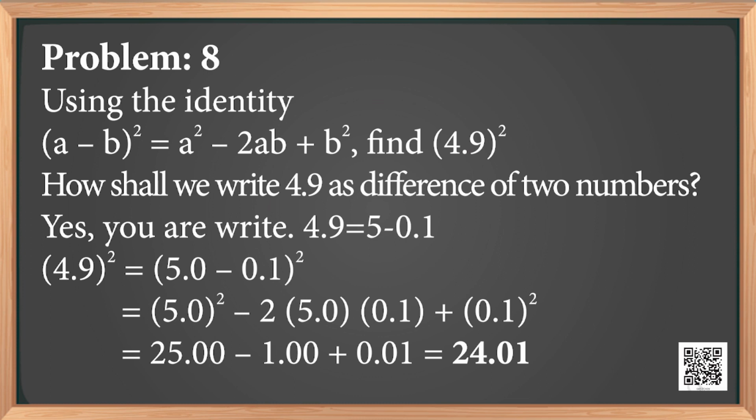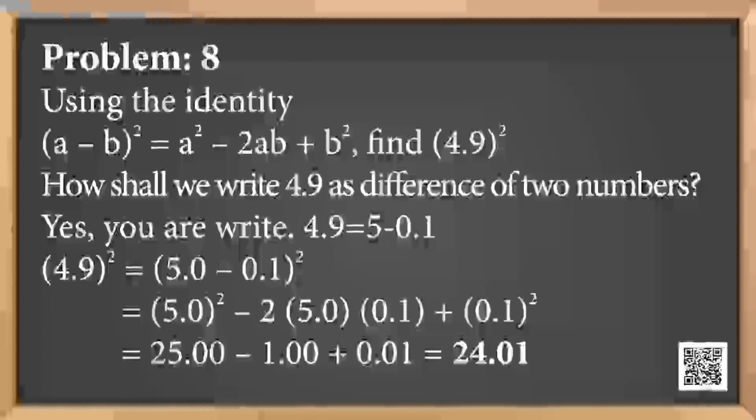Yes, you are right. 4.9 is equal to 5 − 0.1. 4.9² is equal to (5.0 − 0.1)², that is equal to 5.0² − 2 × 5.0 × 0.1 + 0.1², that is equal to 25.00 − 1.00 + 0.01, that is equal to 24.01.